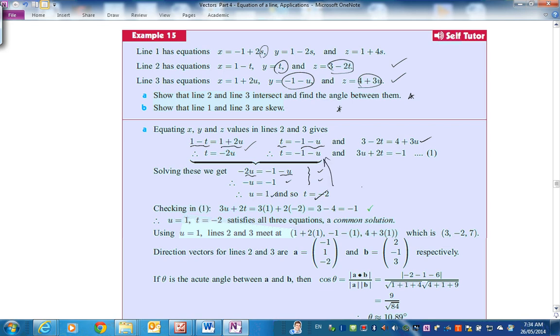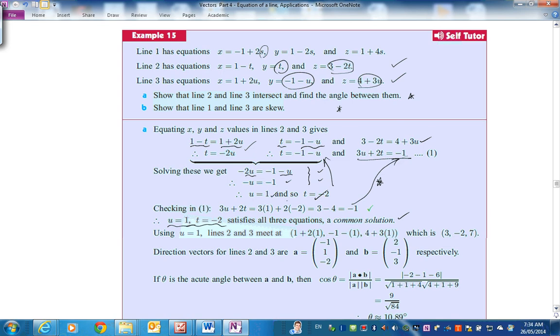So now you've got to check in this equation, though, that those two values of t and u give you the same solution. Okay, so checking in 1, u is 1, t is neg 2, obeys this equation. So there is a common solution. You must do this check to make sure that it holds for all three equations.